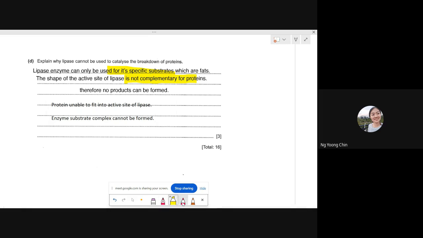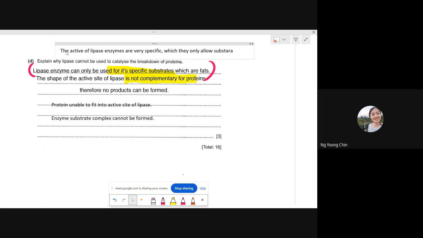And then this one, lipase enzyme can only be used for specific substrate which is fat. Actually, this is a bit weird. Maybe you can write it this way: the active site of the lipase enzyme is very specific, which only allows substrate with complementary structure, which is fat, to bind to its active site.